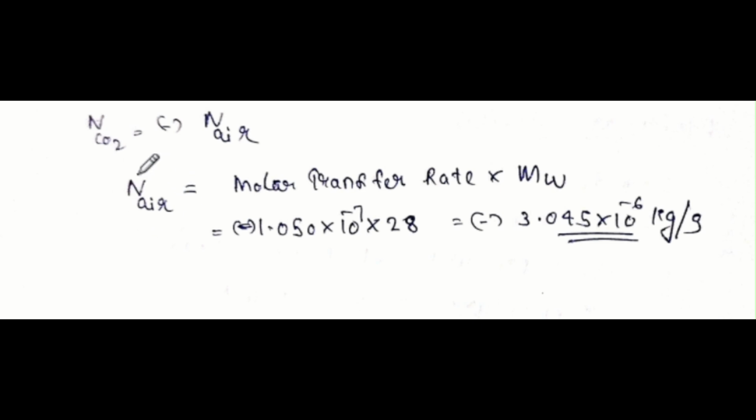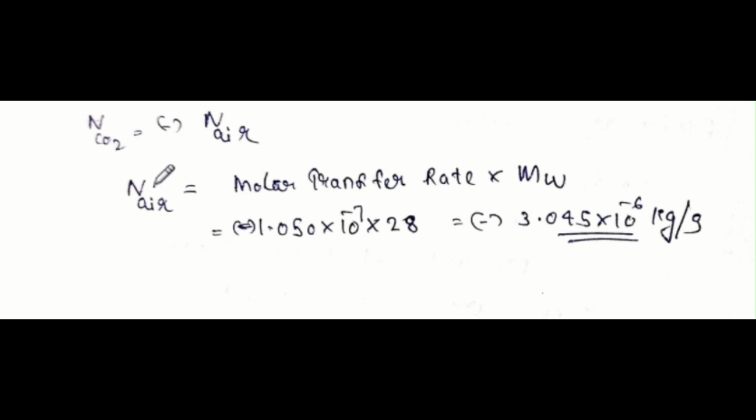So the molar flux or molar flow rate of air is the same as that of carbon dioxide. That means the molar transfer rate of air is the molar transfer rate of carbon dioxide found earlier, the same value. So the only difference will be the molecular weight. Assuming the air to be nitrogen, it will be 28.